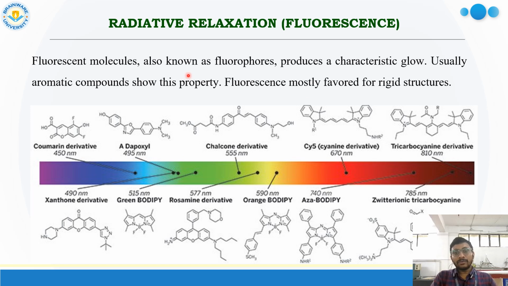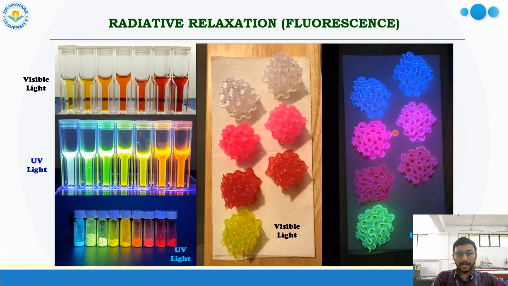Fluorescent molecules are generally known as fluorophores, and there are various examples in nature, mostly organic compounds with large conjugation or large aromatic rings, which show fluorescence. In practical examples, this is under visible light, but if we give UV light, it absorbs UV light and emits visible light.